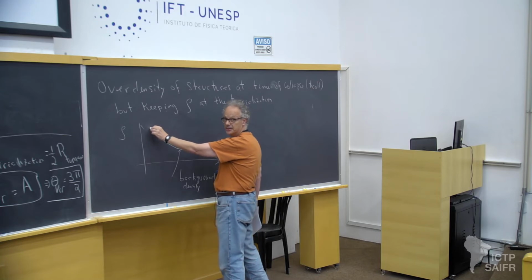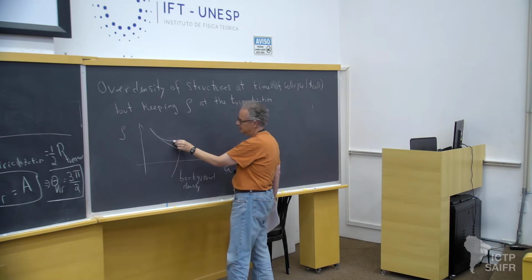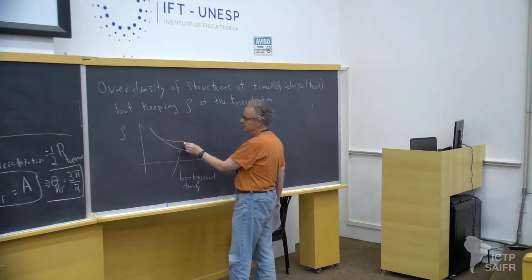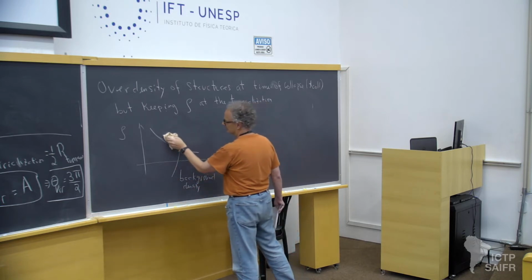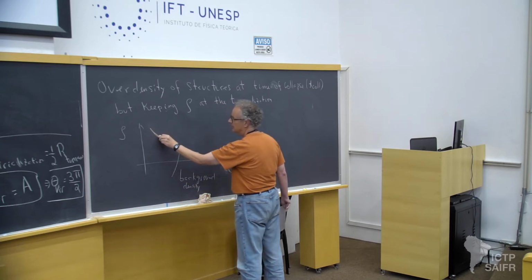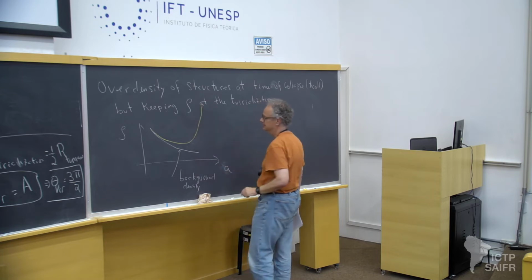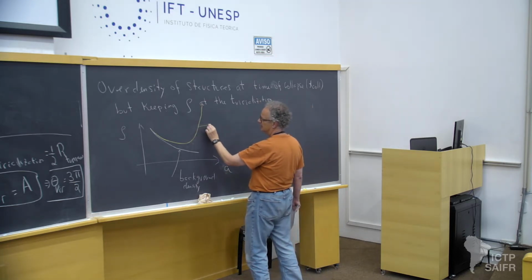It's a small perturbation. And then it detaches from the background. And in principle, the density in the perturbation, I should draw in another color. So it starts with the background. And then at collapse, it goes like this. But what I'm saying is that this should actually go like that because of virialization.